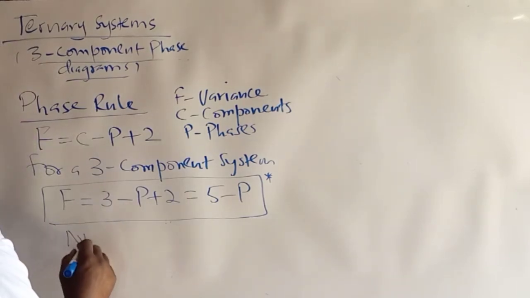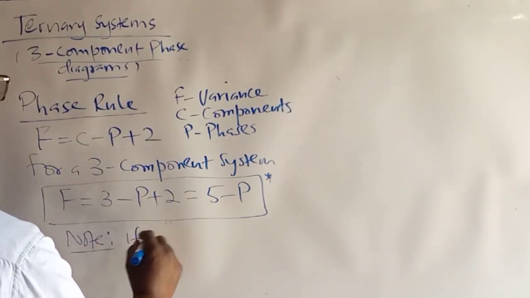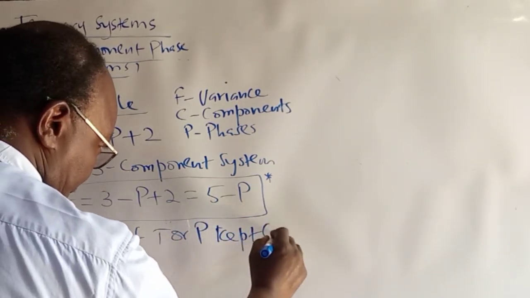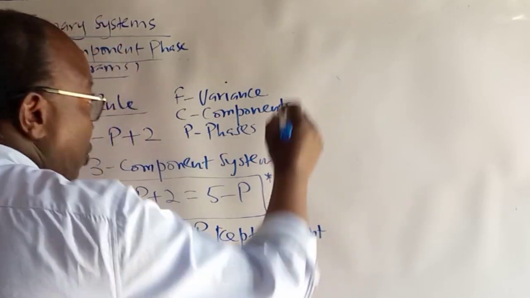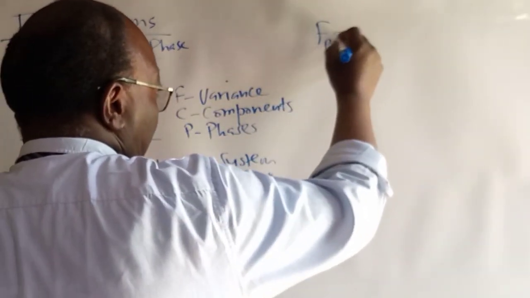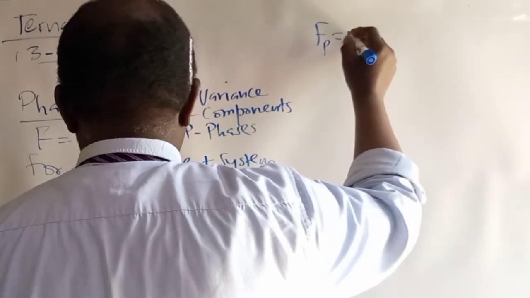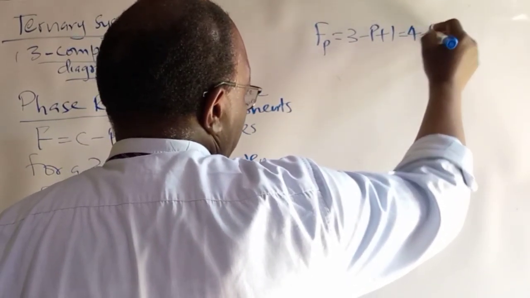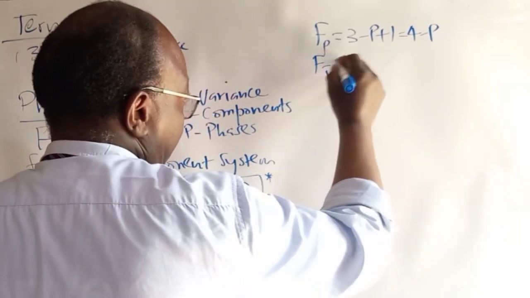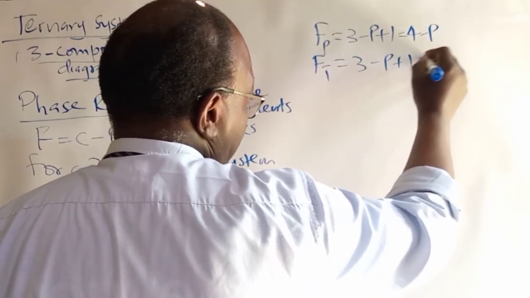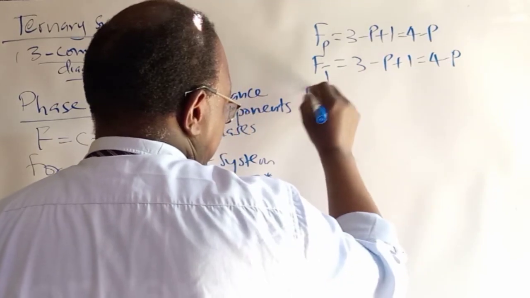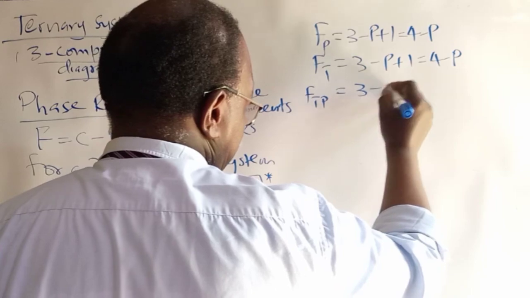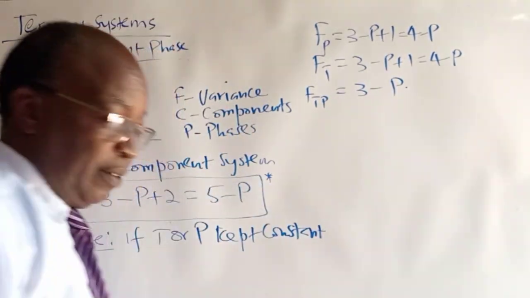Note, if temperature or pressure is kept constant, then the new representation for the phase rule, with pressure constant, will be C, that is 3 minus P plus 1, which will be 4 minus P. Similarly, if you keep temperature constant, it will still be 3 minus P plus 1, that will be 4 minus P. And if you keep temperature and pressure constant, the phase rule will be 3 minus P. Very important for you to note that.